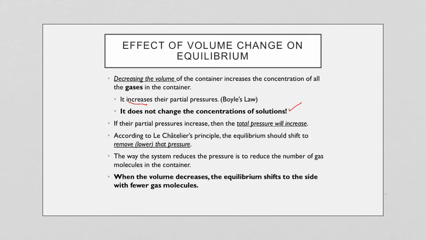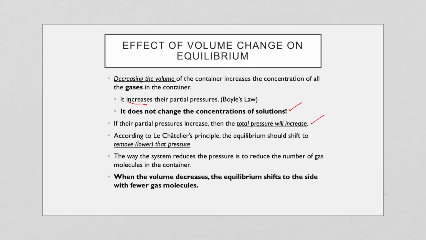Now, as the pressure increases, how can Le Chatelier respond to a change in pressure? Well, if possible, the reaction can shift one way or another to try to lower the pressure.